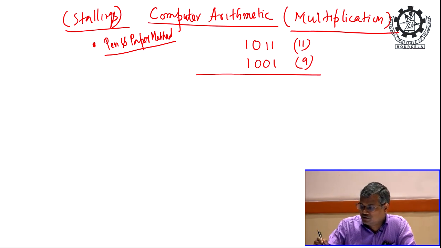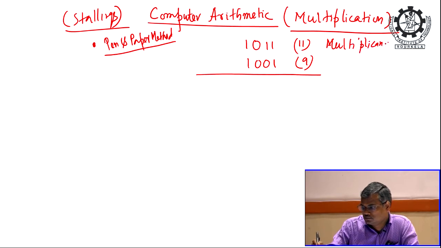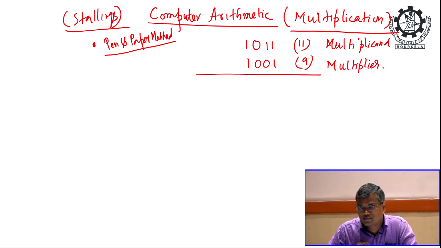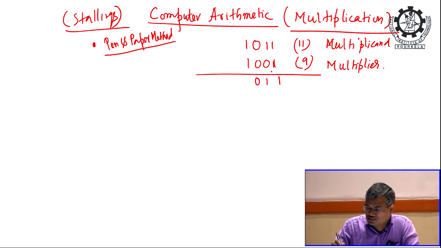This is called the multiplicand and this is the multiplier. As usual, we multiply 1 with 1 0 1 1.